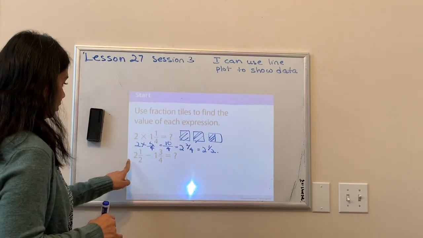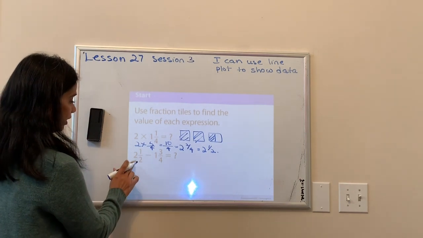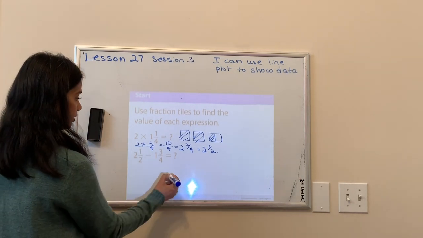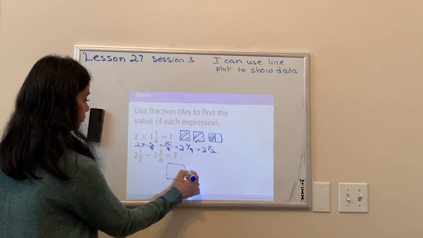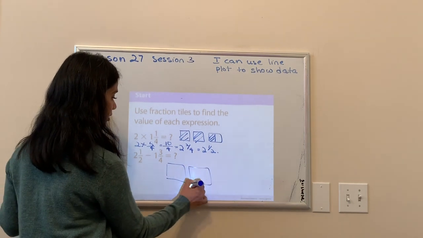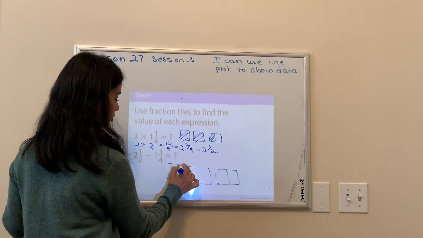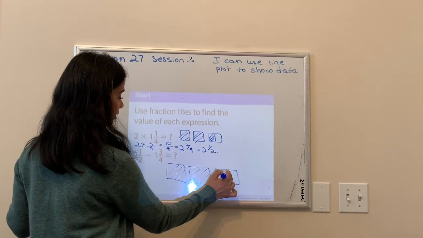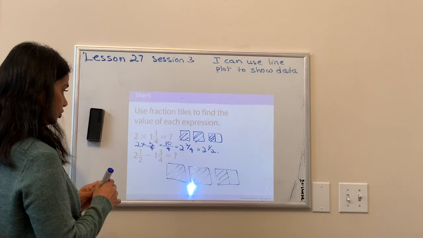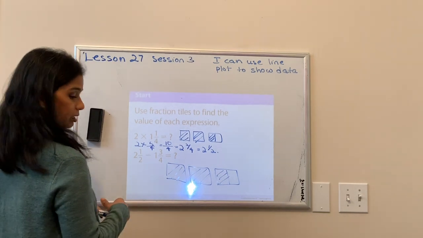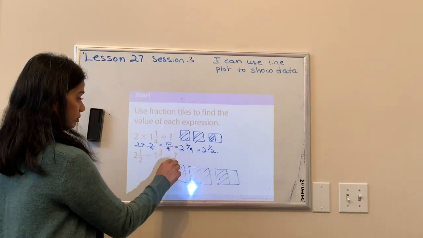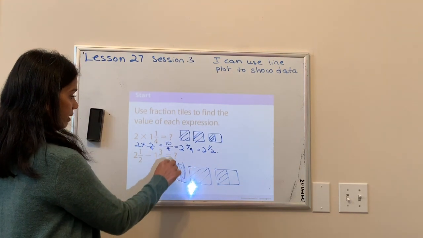Okay, let's do this one. 2 1/2 minus 1 3/4. So I have 2 and 1/2, right? So this is 2 and 1/2, and I'm gonna minus 1. So let's take away this one, right? Boom, boom, boom, he's gone, minus 1.